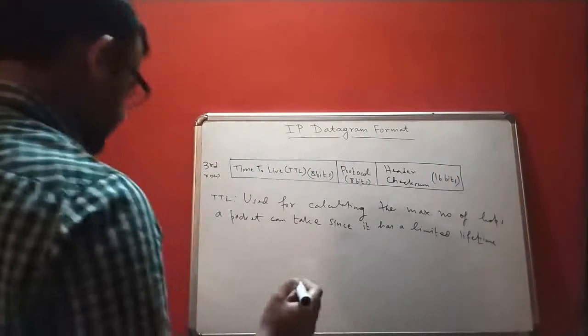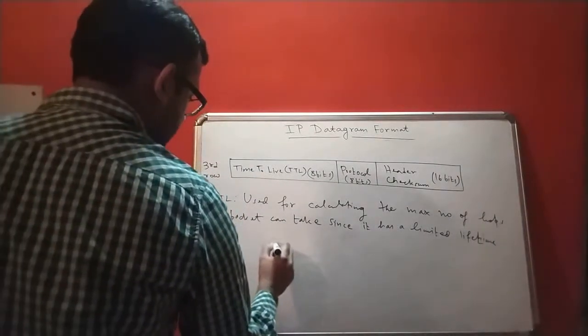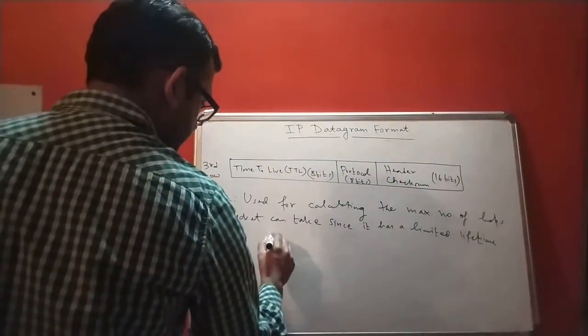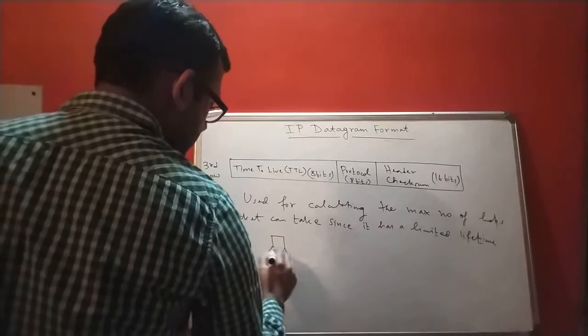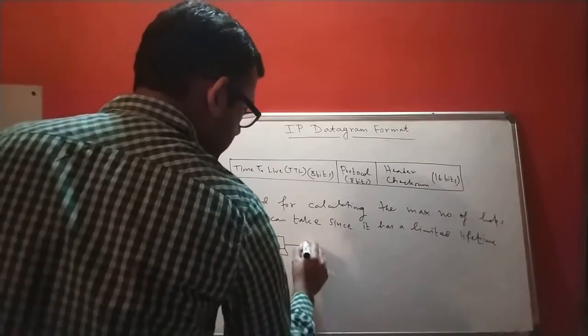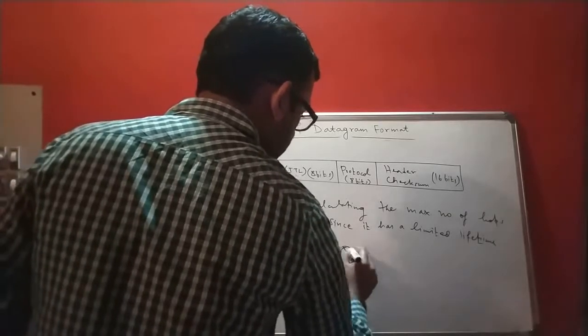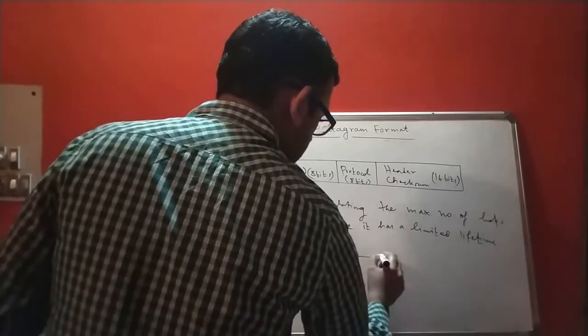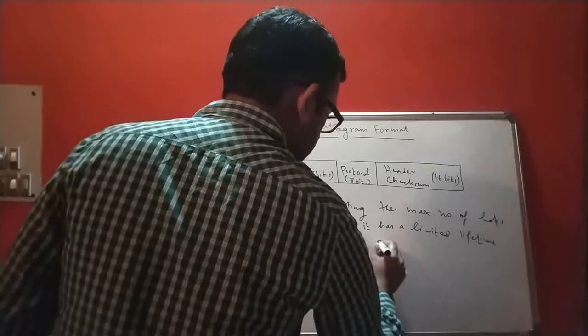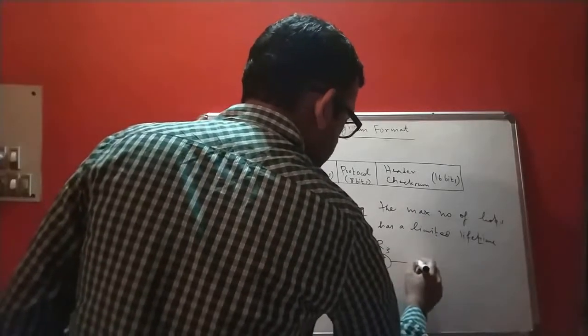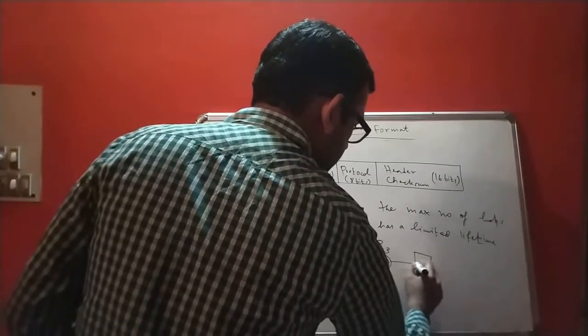Let's say I have a network set up like this. So I have a workstation which is connected to a router, let's call it R1, which is further connected to another router, R2, connected to another router, R3, and which is connected to another workstation.